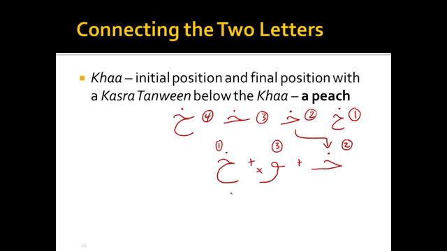So we have to write the kha in the independent position. And then we're going to add the kasra tanween. But again, because the kasra tanween doesn't have a space of its own, it comes below the letter. So it's going to become below this letter. And our word is going to be written like this.